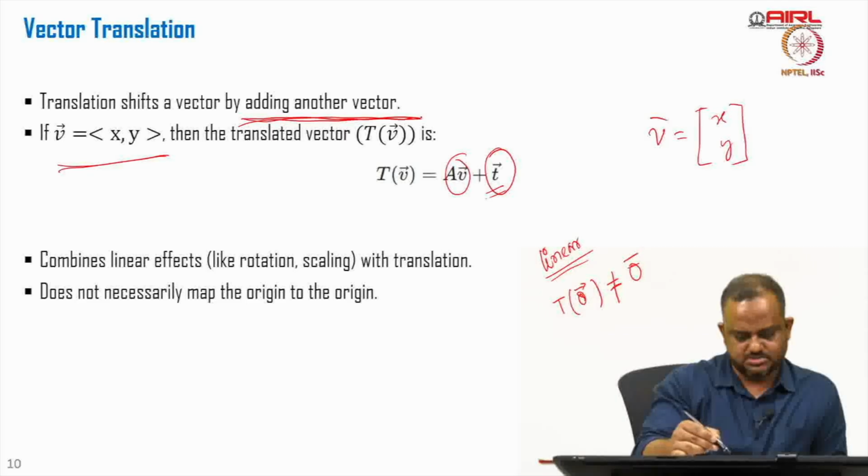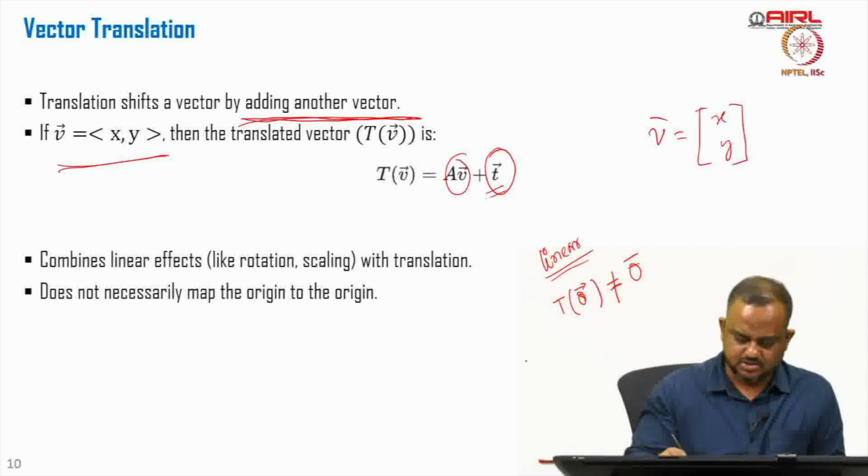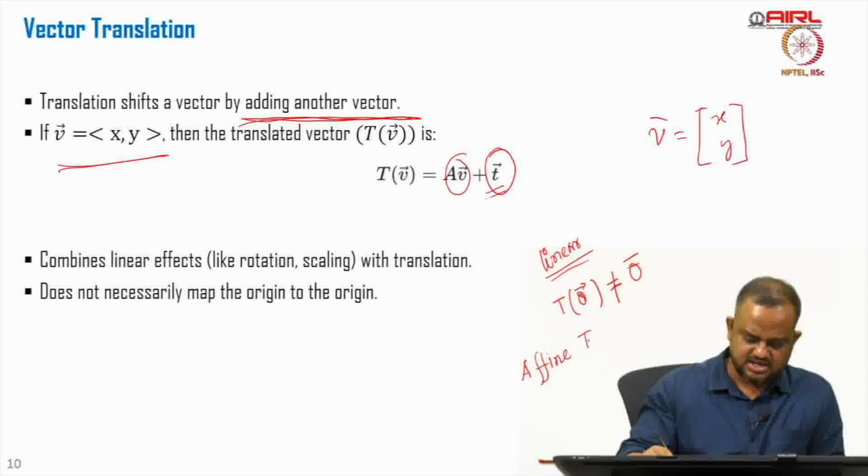So in this way, translation is not a linear transformation, but it is an affine transformation.